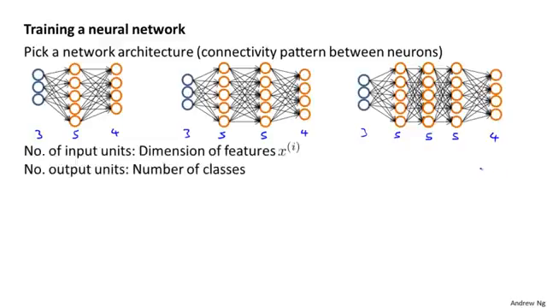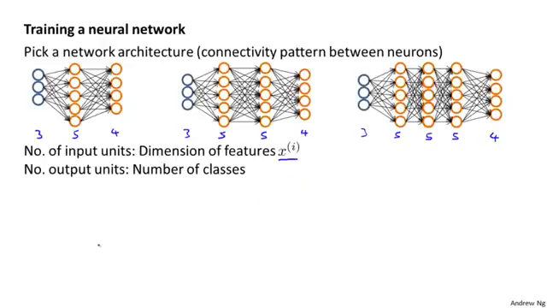Well, first, the number of input units is pretty well defined. Once you've decided on a fixed set of features x, the number of input units will just be the dimension of your features x(i). And if you're doing multi-class classification, the number of output units will be determined by the number of classes in your classification problem.